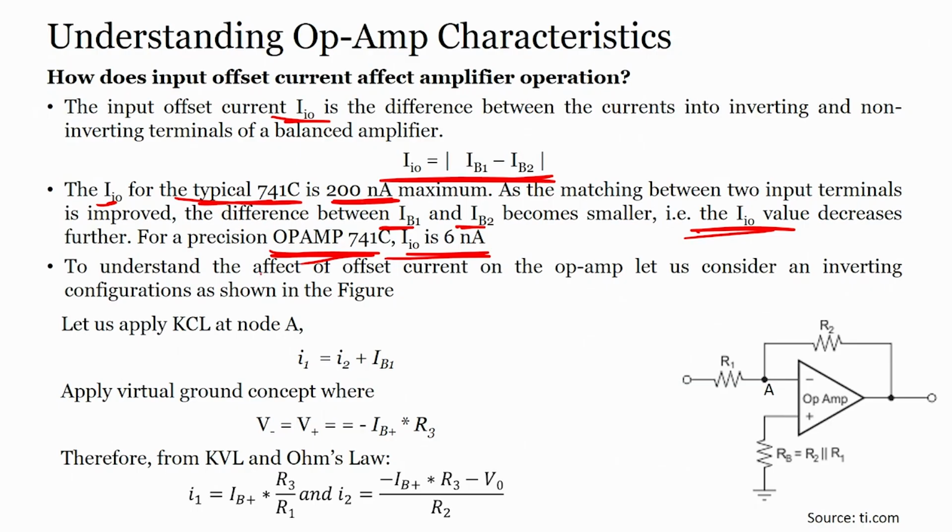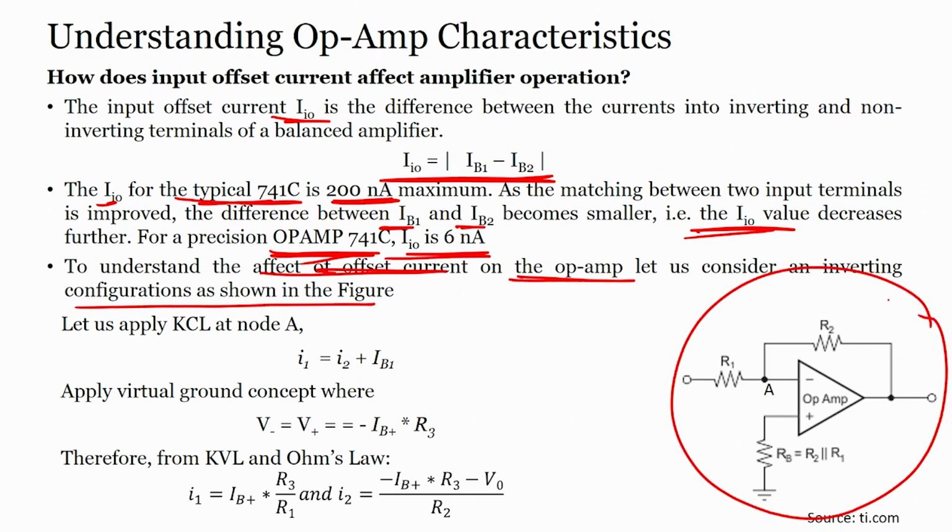To understand the effect of offset current on the op-amp, let us consider an inverting configuration as shown in this figure. There is R1, R2, the inverting op-amp, and then R3, which we already know should be equal to R2 parallel to R1. If I apply Kirchhoff's current law at node A, I1 equals I2 plus IB minus.